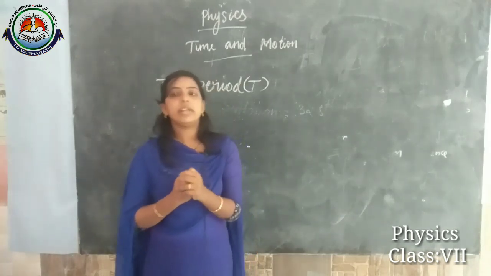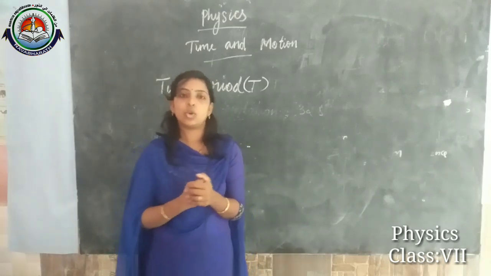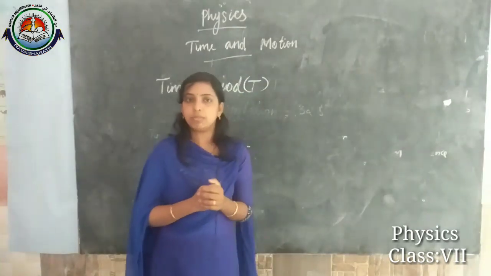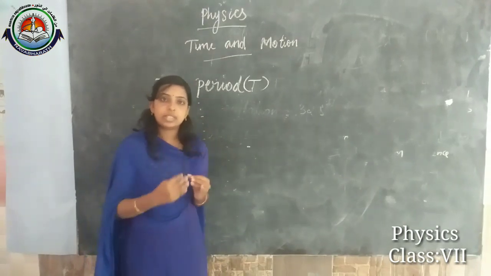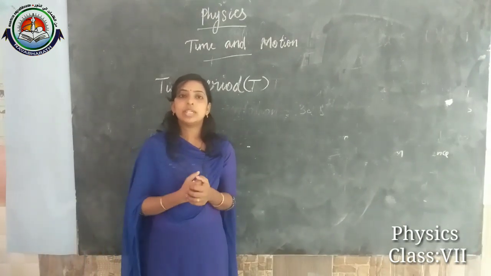Then we consider the stopwatch. When we discussed the oscillation of the simple pendulum, I told you that when we release the bob, at the same time we use the stopwatch to find the time period.